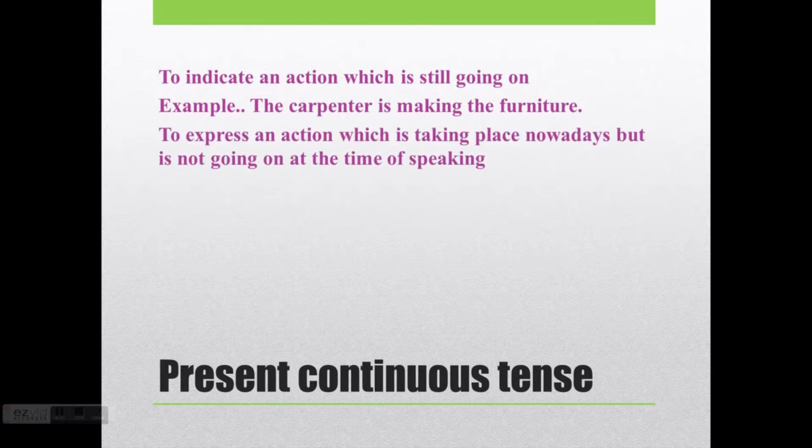It is used to express an action which is taking place nowadays but is not going on at the time of speaking. I think you didn't get it right now. Let's take an example so that you can understand better. I am taking dance lessons these days.